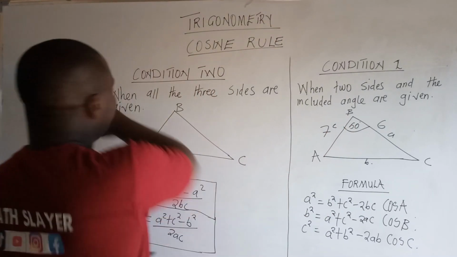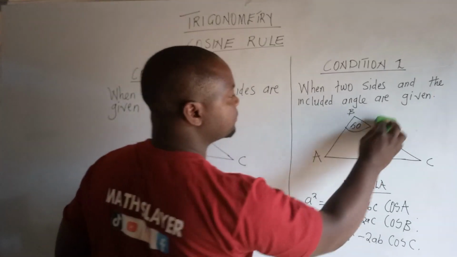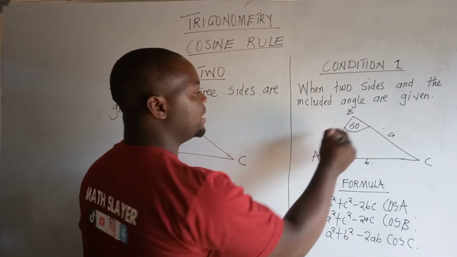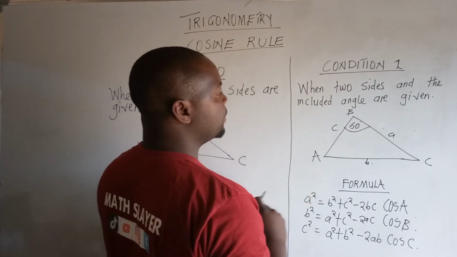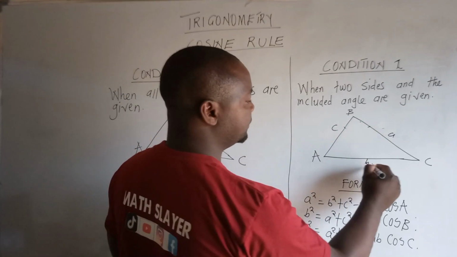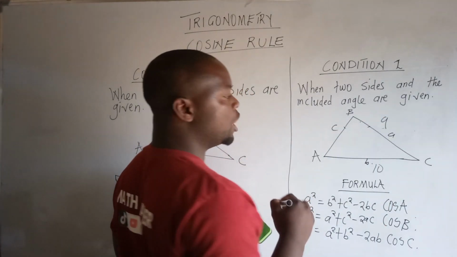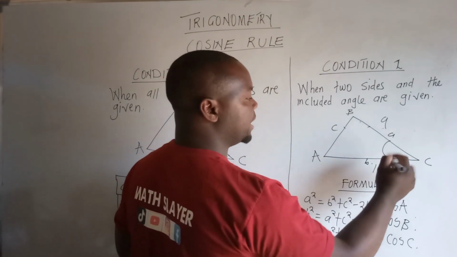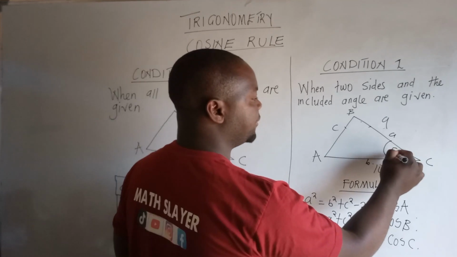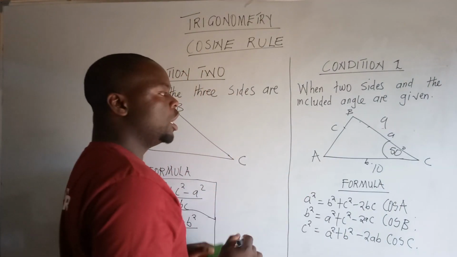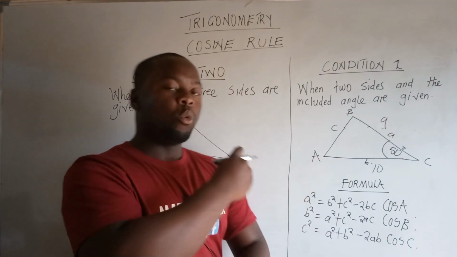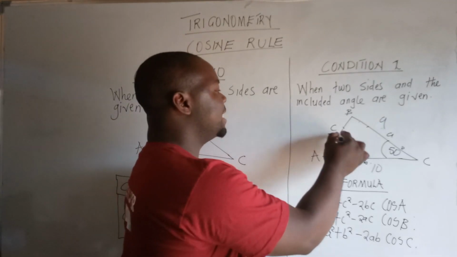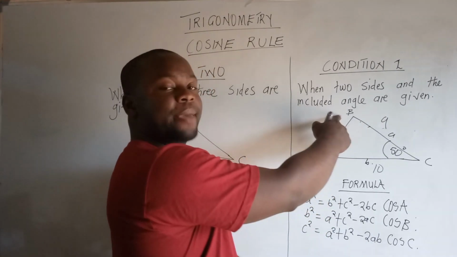However, if I erase 7 and 6, remember this is C, and I put 10 here and 9 there, then the included angle is angle C, which is, for example, 50 degrees. In this question, we'll be required to calculate the side c, which is AB.